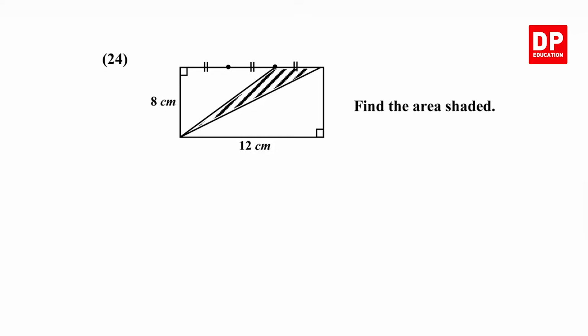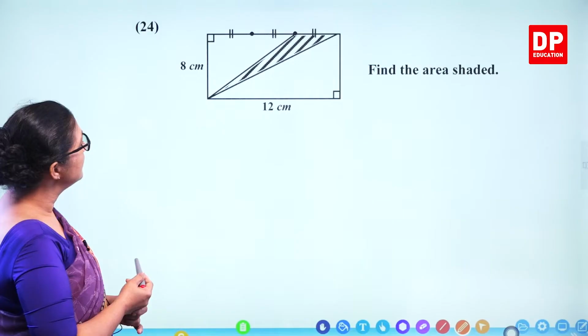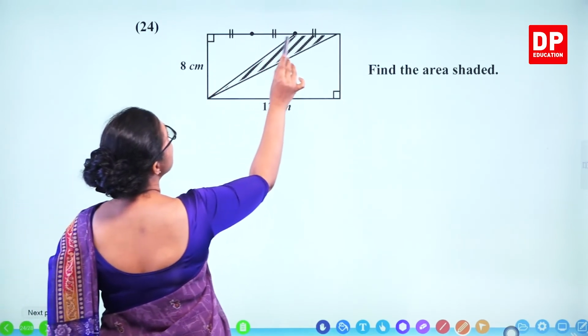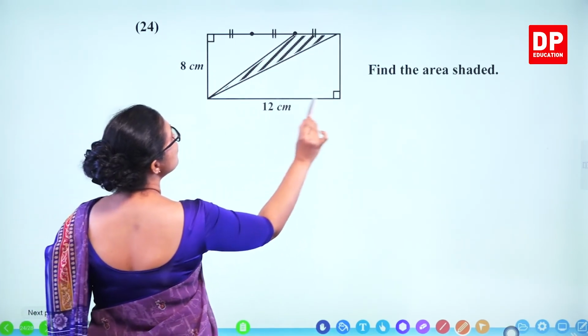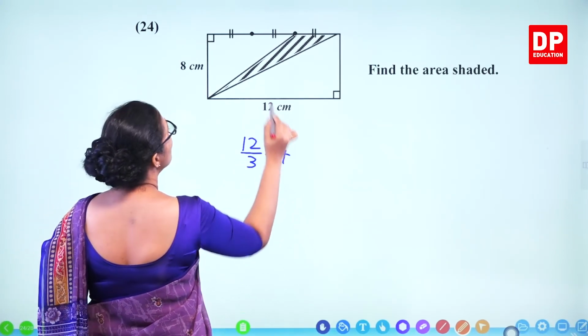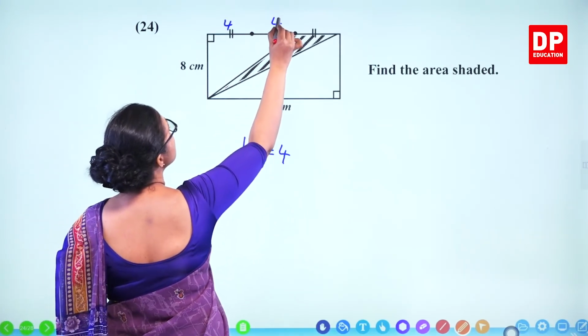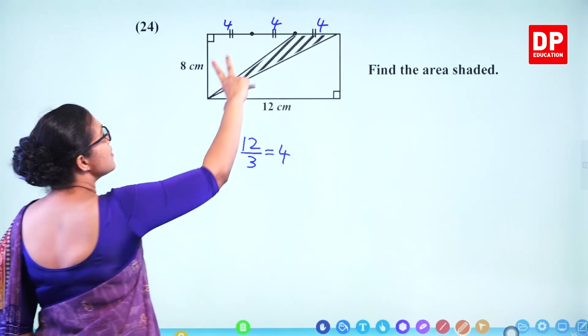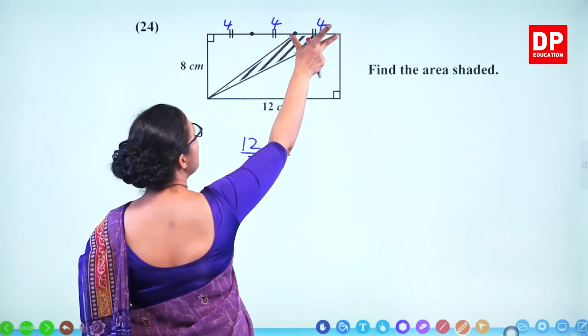Question number 24. Find the area shaded. Look at it carefully. These 3 lengths are equal. This is 12. 12 divided by 3, that's 4, so each length is 4 centimeters. Now look at the shaded part. Same perpendicular height, base is 4.